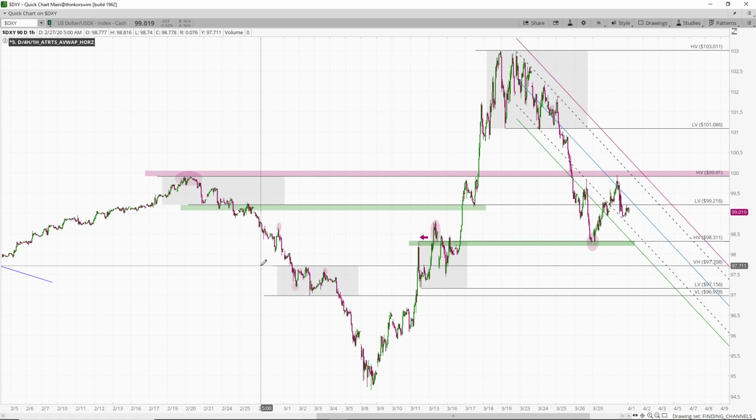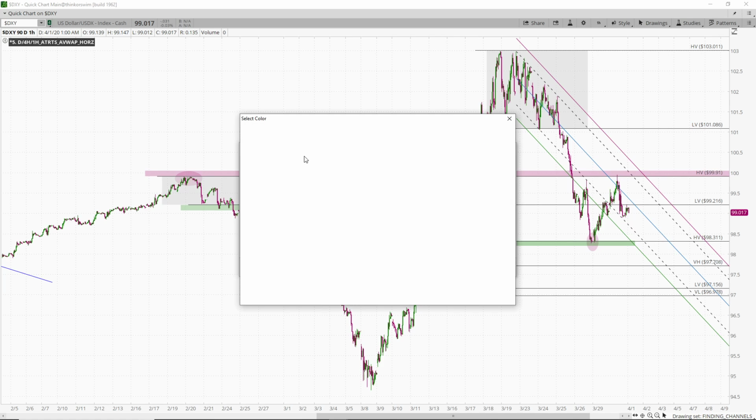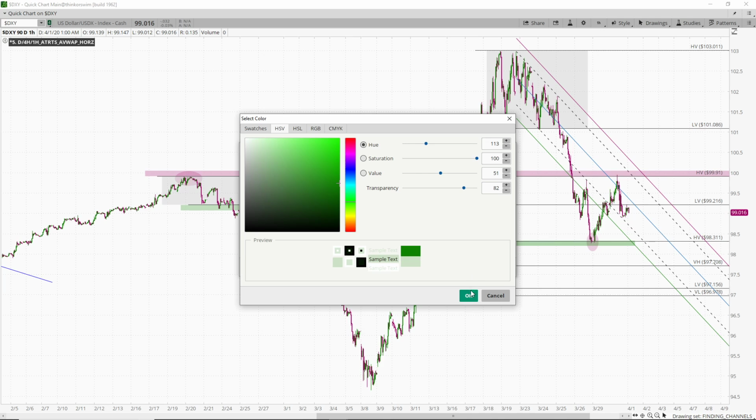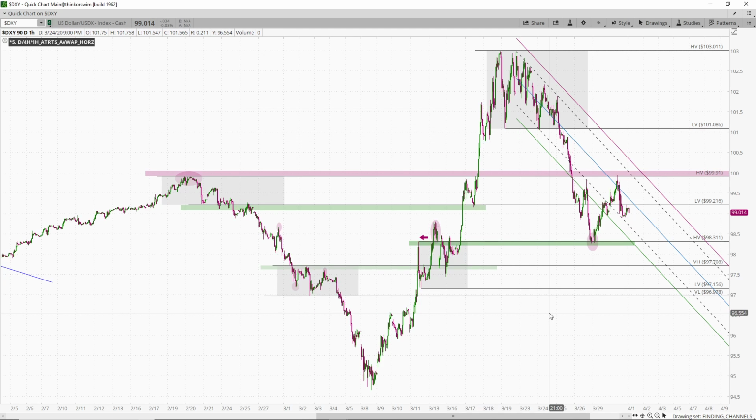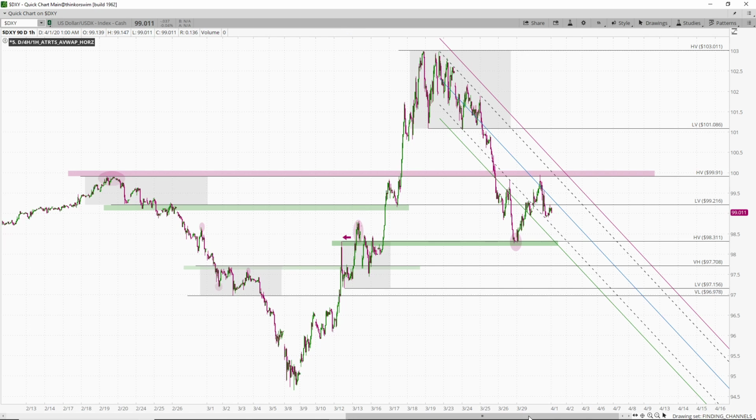So here we've got resistance flipped into support. So here's your technical test, just by identifying a little bit of range trading, a higher value high and a low value. So it's always nice when those work out that way, because it should come as no surprise that when there's activity like this, there's bound to be some type of reaction in future trading with it.